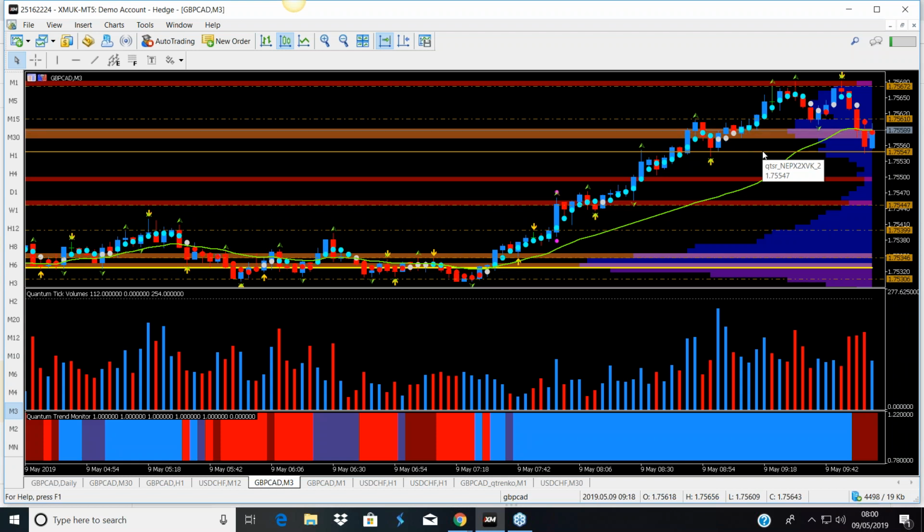Moreover, one then moves to look at the other aspects of volume from the perspective of the volume point of control, because if you look at the histogram on the right-hand side of this particular chart, that area between 1.755 down to about there, where Anna's cursor is, 1.7544, so roughly a range of 10 pips, that region there is very light in terms of volume.